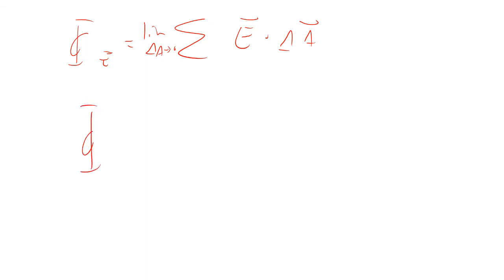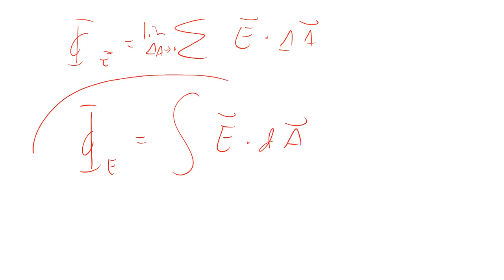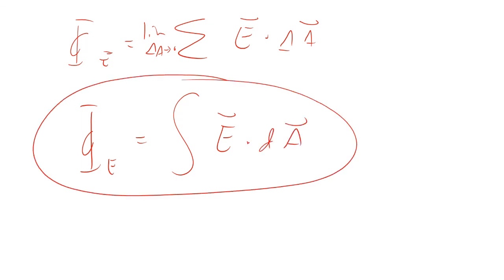Well, what we've got here is a vector integral, E dot dA. And what we often do is we put a symbol there in the middle of the integral to indicate it's integrating along a surface. So it's a surface integral. So we integrate around the surface, E dot dA.